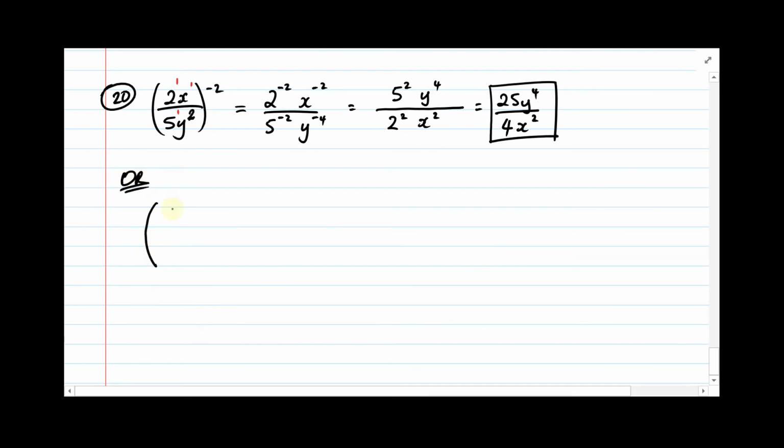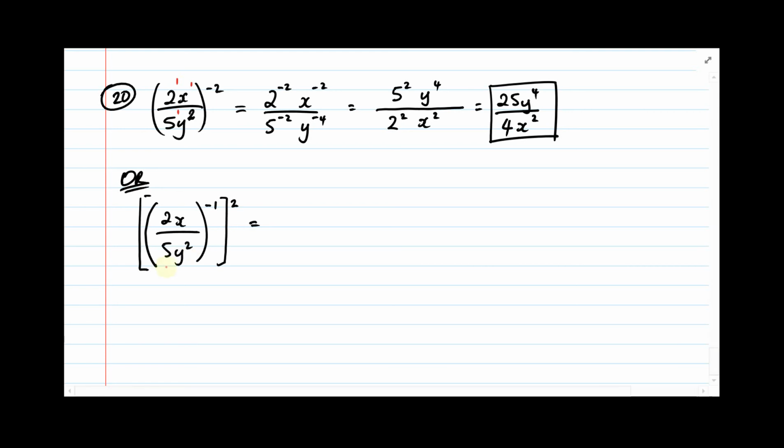So let's rewrite this again. We have 2x over 5y squared. It is raised to the -2. I'm going to look at that -2 as -1 squared. Let's see what we get.